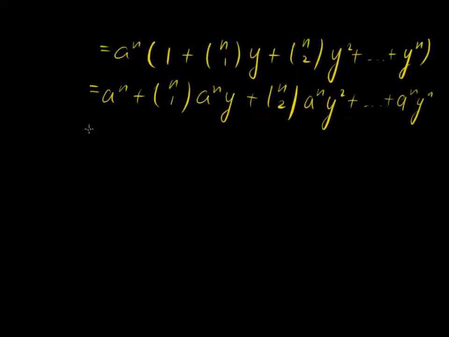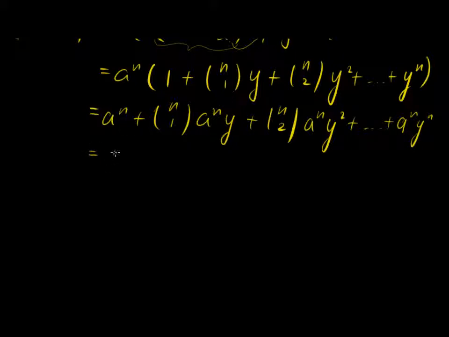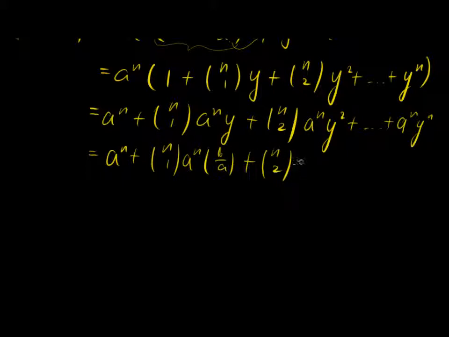Alright, and now it's time for us to put b over a in to replace y. So what we get here is nC1 a to the power of n multiplied by b over a plus nC2 a to the power of n times b over a squared plus dot dot dot to the final term, which is a to the power of n times b divided by a to the power of n.